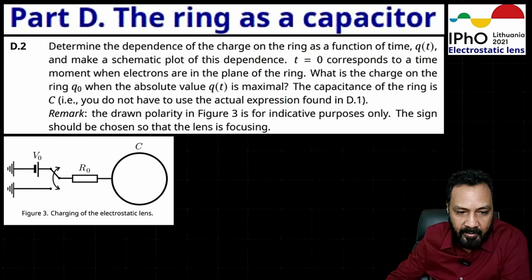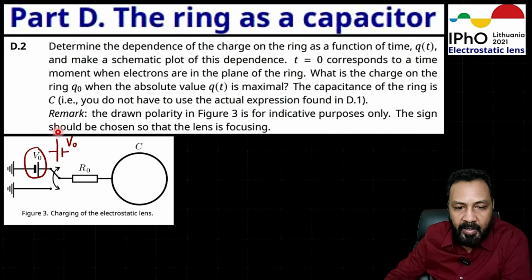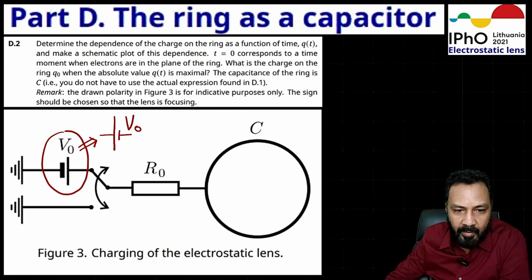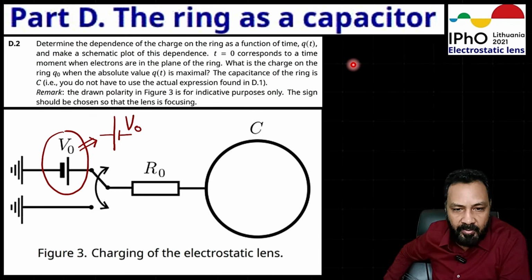It should actually be like this. That's what they've written: the drawn polarity is only for indicative purposes. So actually for this ring to act as a focusing lens, its charge should be negative, so the negative terminal should be connected. It should be like that. So here now we have to find the charge on the ring as a function of time.